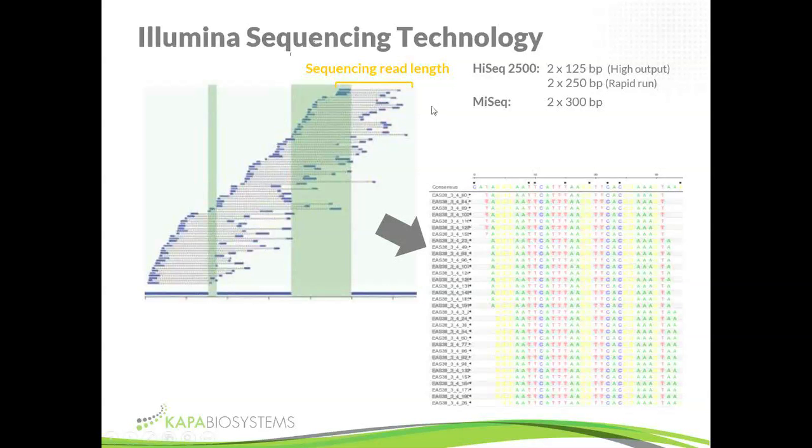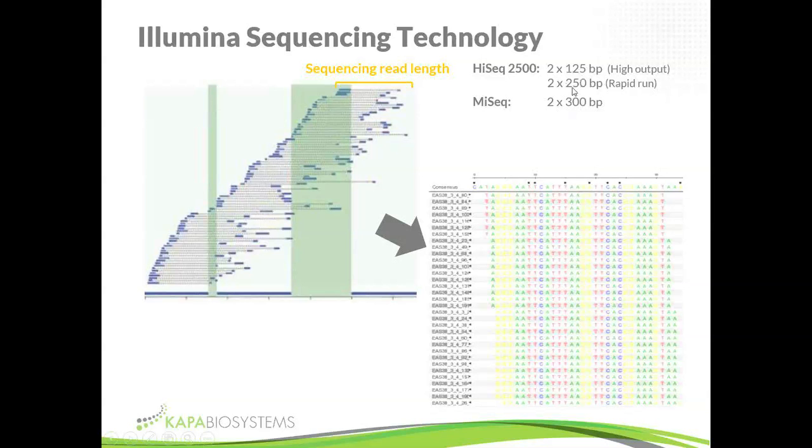With Illumina sequencing, it started off very small, 20 or 30 base pairs at a time, and the technology has improved intensively over the last few years, allowing us to do read lengths on single fragments of up to around 300 base pairs on a MiSeq, and 125 to 150, 250 on a HiSeq, depending on which mode you run and which chemistries you run.